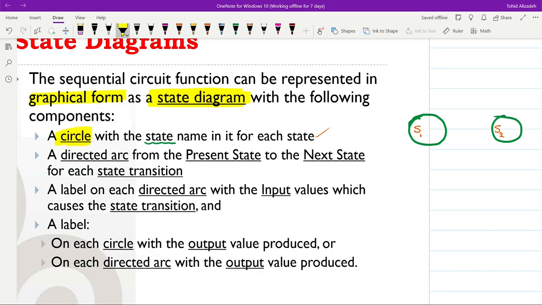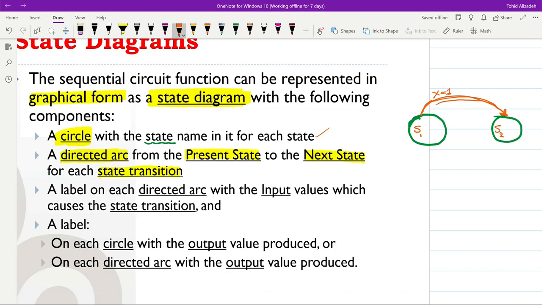Then the next component is a directed arc from the present state to the next state for each state transition. We can refer to the state table, and then depending on the input, if we are currently at state 1 and as an example, we receive the single input that we have being equal to 1, then we will transit to state number 2.